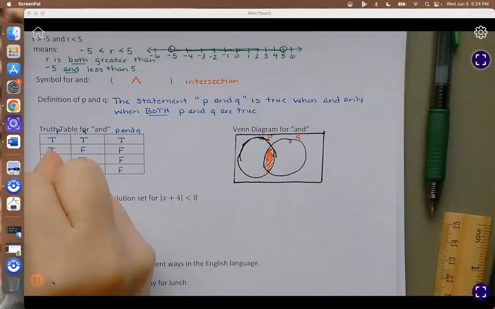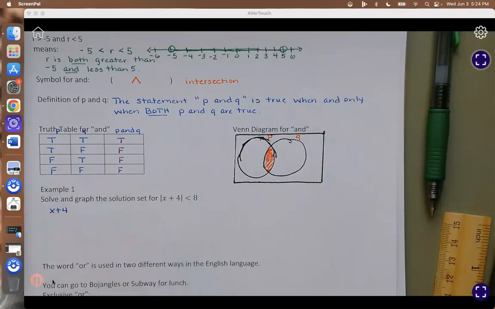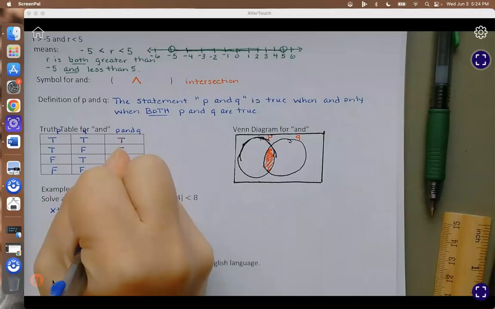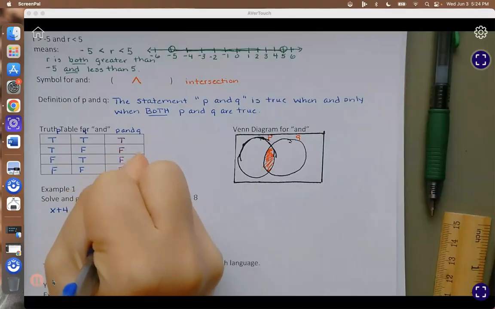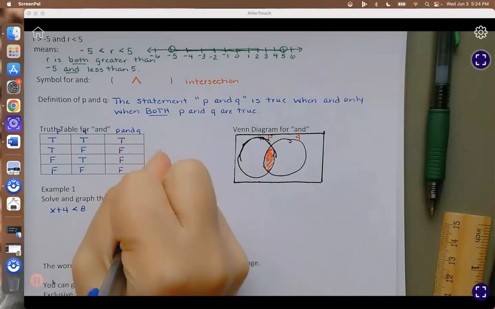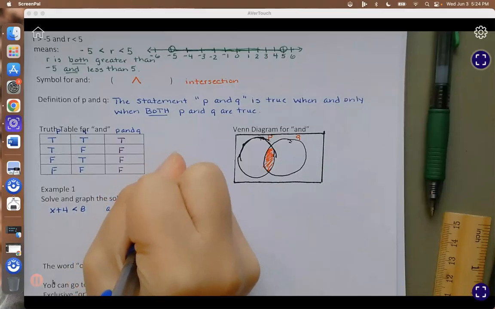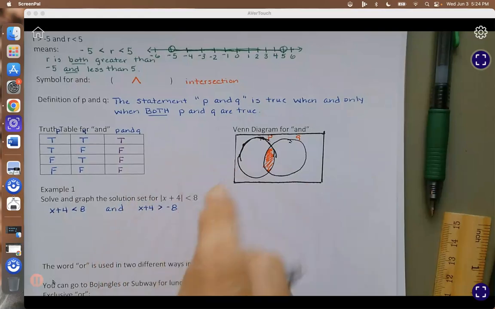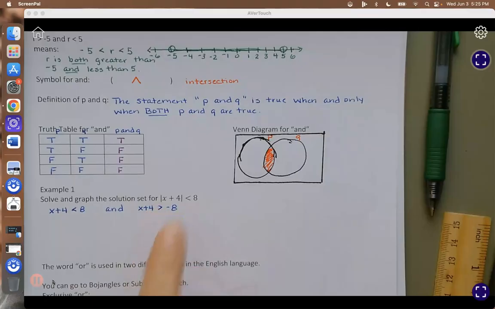To solve absolute value problems, you take what's inside the absolute value bars, and we write it as given, and we write what was in the absolute value bars, and do basically the negation. So we flip this and change the sign.